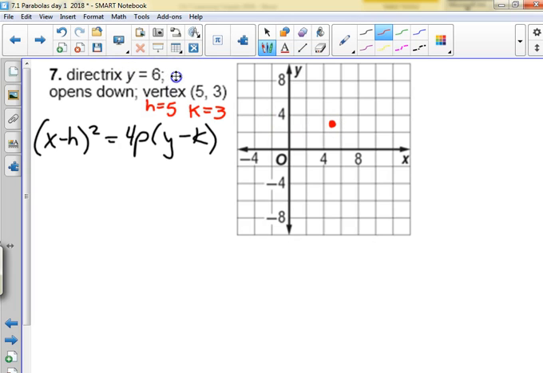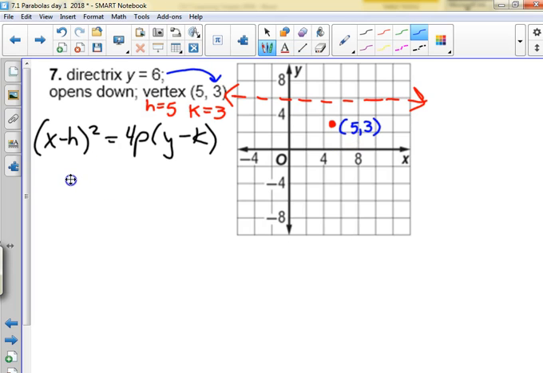what kind of line is y equals 6? Horizontal line right up there. Can some of you tell me what P is just looking at it? How far is it away from that vertex point of 5, 3? It's 3 units up, right? But, okay, you don't have to know that.